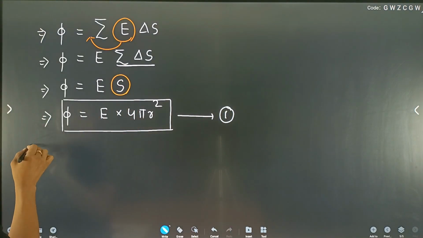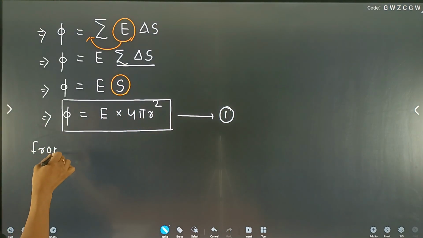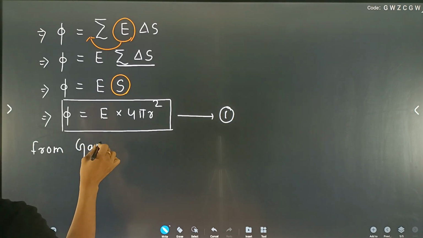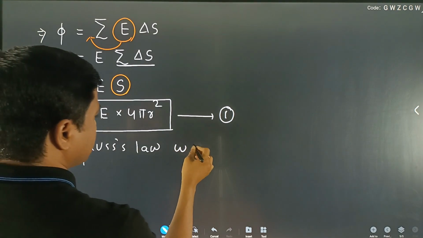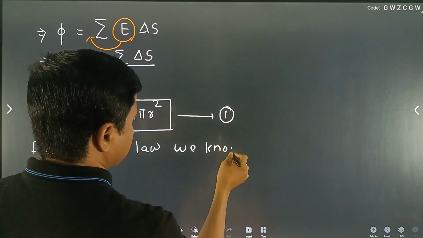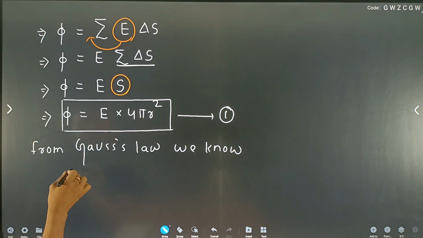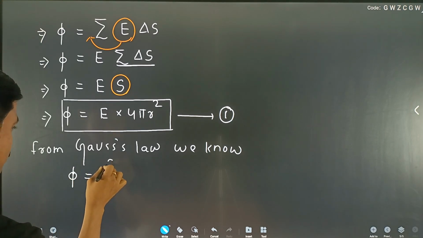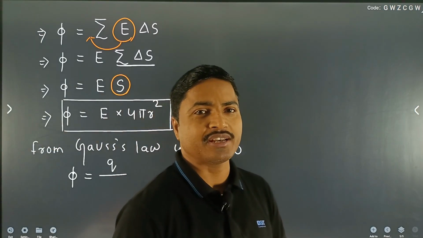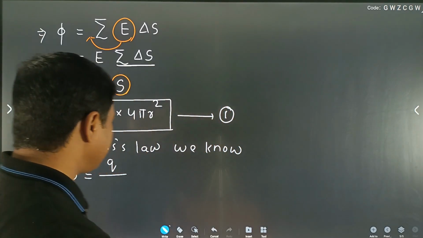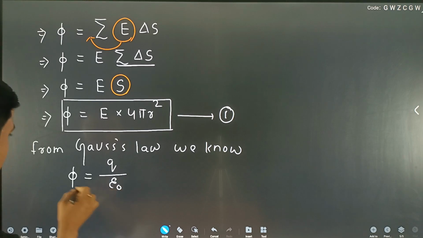Again, from Gauss law, we know phi is equal to the net charge enclosed inside the Gaussian surface or the closed surface, that is Q, divided by epsilon 0.